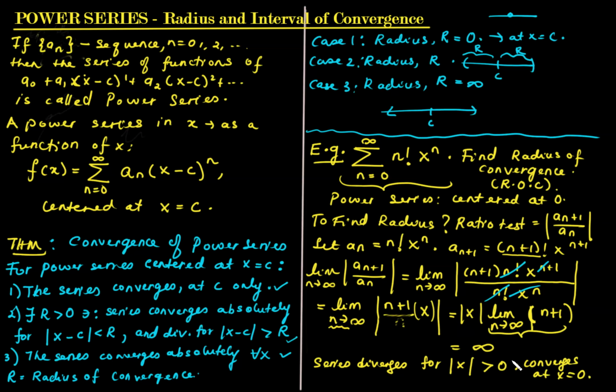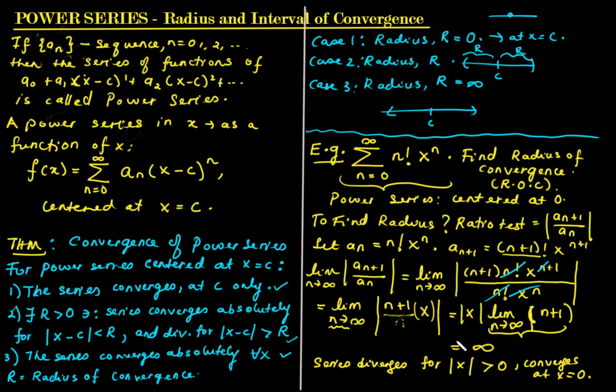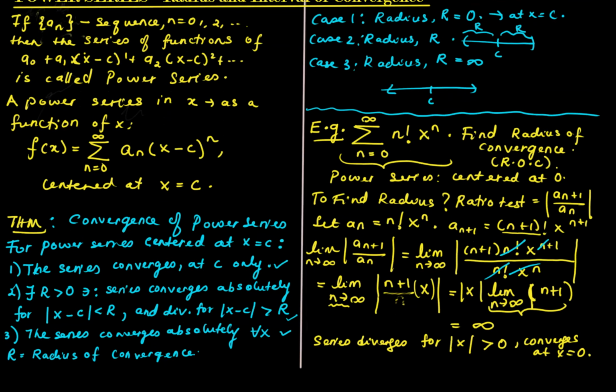So here it only converges at x equals 0. What this means is, what is the radius of convergence? Basically, the radius of convergence for this is 0. That is a little hint that I would like to let you know.